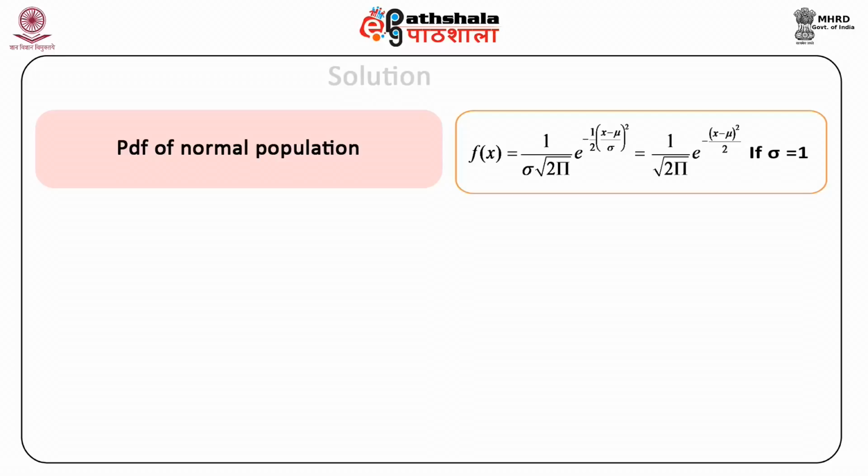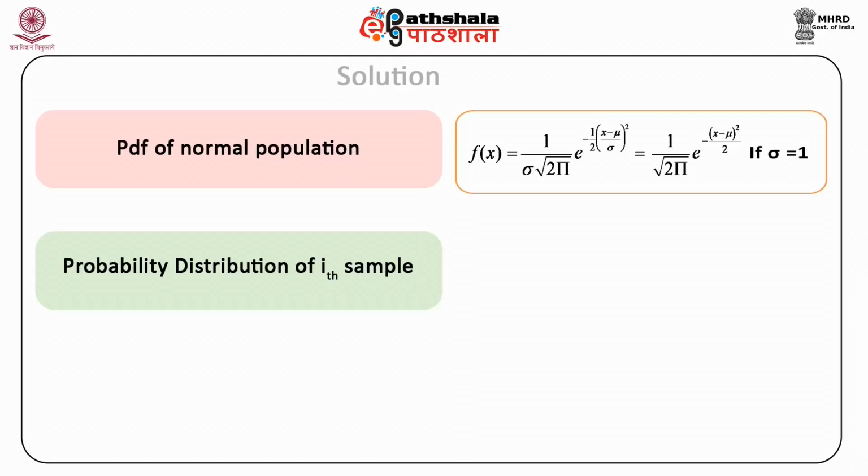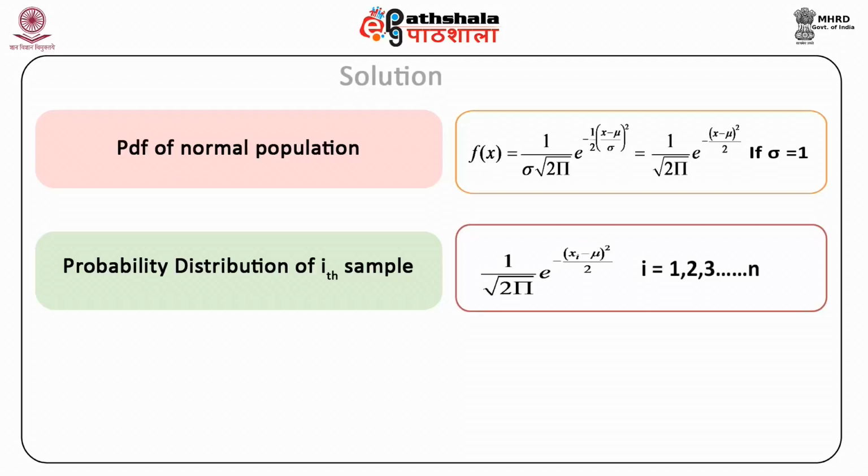Now this is equal to 1 upon root 2 pi into e raised to the power minus (x minus mu) whole square by 2, because sigma, the standard deviation, is equal to 1. The probability distribution of the ith sample observation is then 1 upon root 2 pi into e raised to the power minus (xi minus mu) square divided by 2, for all values of i from 1 to n.